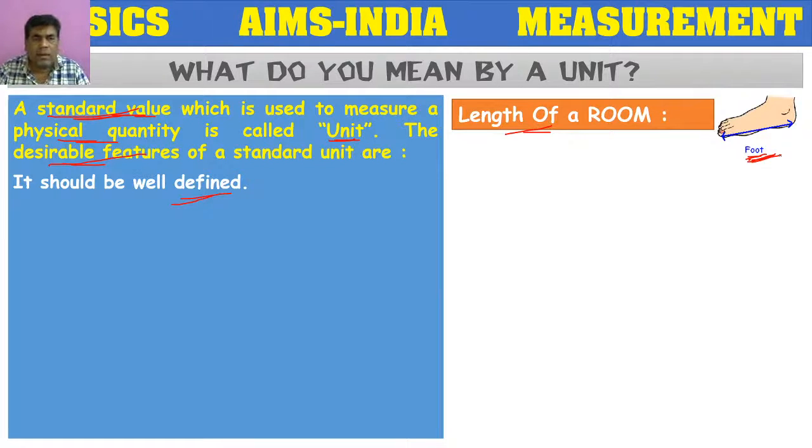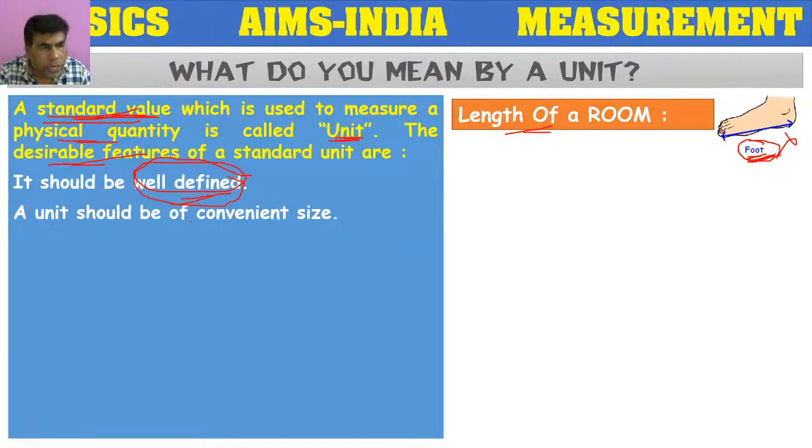So here foot is not the standard value. It is not a fixed unit. Why? It is not well defined. It should not change from person to person, or from place to place. So our unit should have the desirable feature of being well defined. It should not be like the foot.